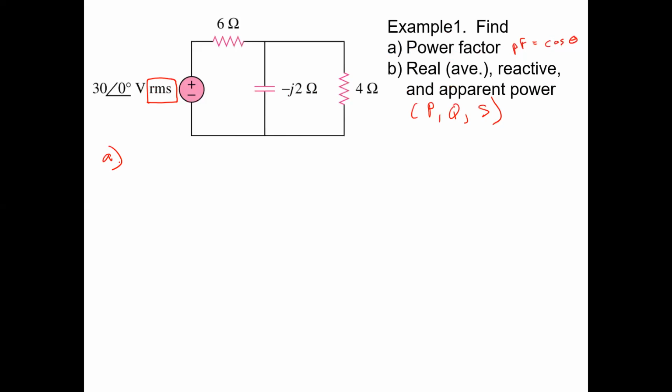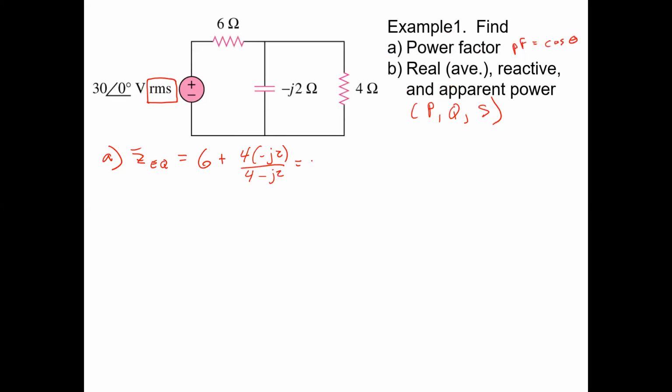So for A, we can start with just the equivalent impedance of that circuit. So Z equivalent is going to be 6 plus the parallel combination of 4 and minus J2. So 4 times minus J2 over 4 minus J2.